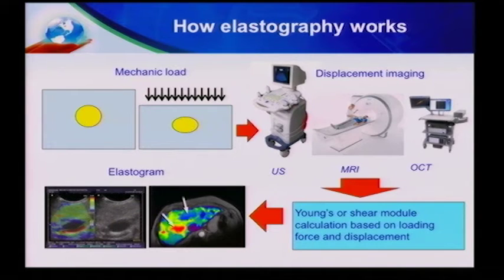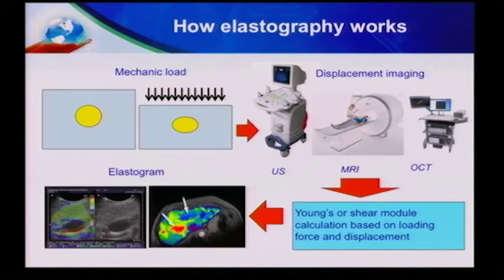And the principle of optical coherence elastography, or elastography in general, is really simple. You have a tissue. If you have a different mechanical property embedded, you just apply a compression force and then look at the displacement, using an imaging modality such as ultrasound or MRI.